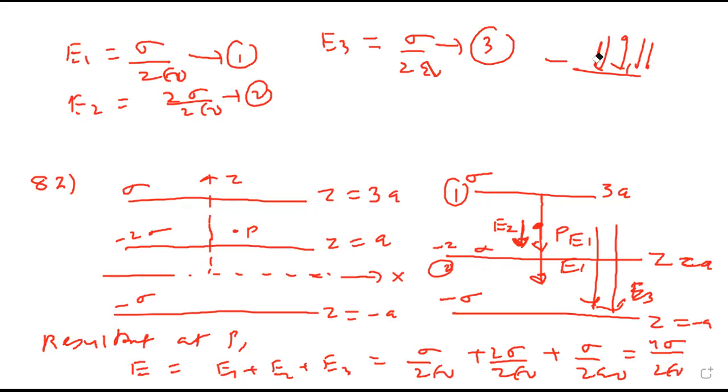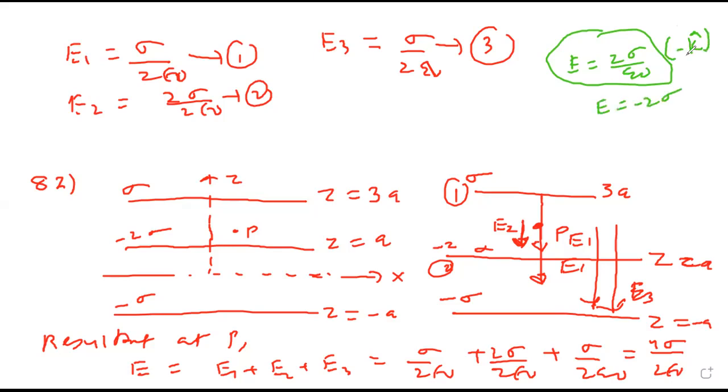All are in same direction, therefore I have added. So resultant will be E equals 2 sigma upon epsilon naught, but in downward direction, therefore minus k cap. So final answer is minus 2 sigma upon epsilon naught k cap. This is JEE equation. Option B.